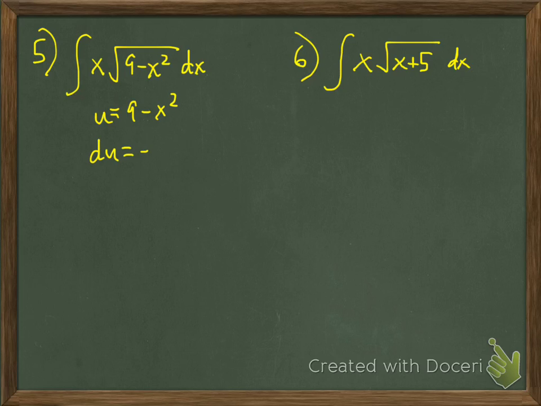Follow your steps. So du equals negative 2x dx. dx equals du over negative 2x. Substitute. Change to 1/2 power, but we're just substituting out 9 minus x squared.